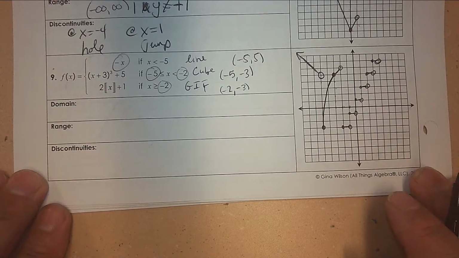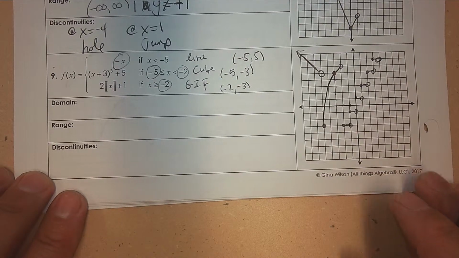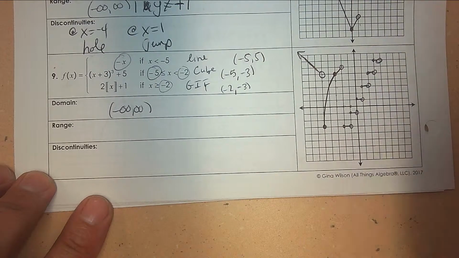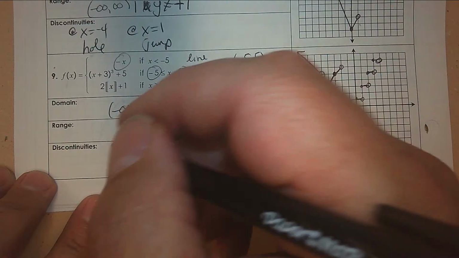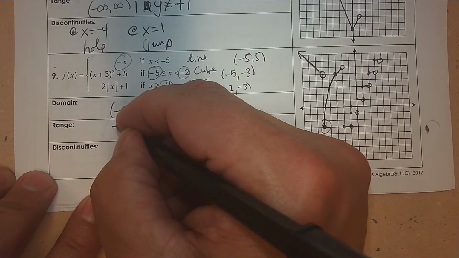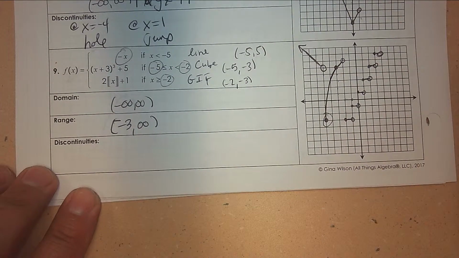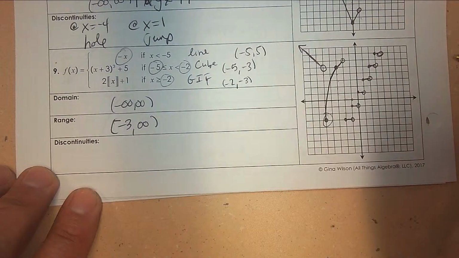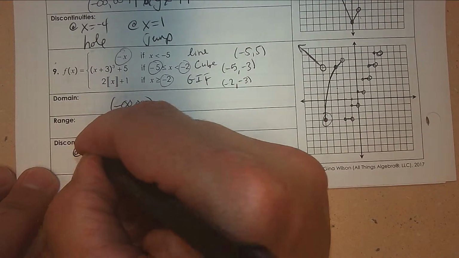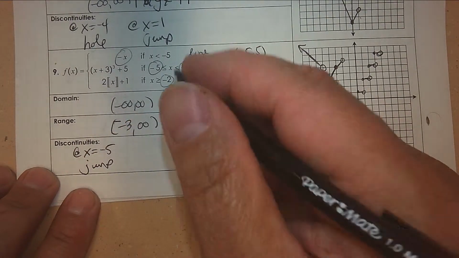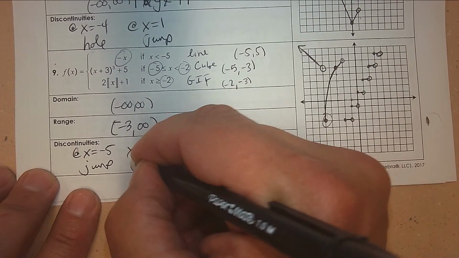The domain for this is all real numbers. The range, we do have a bottom value, which is at -3, and it goes up to infinity. The discontinuities. So we have a jump at x equals -5. We also have one at x equals -2.